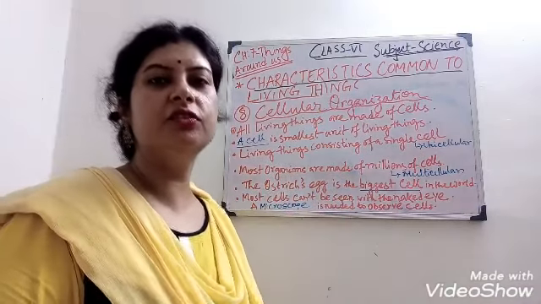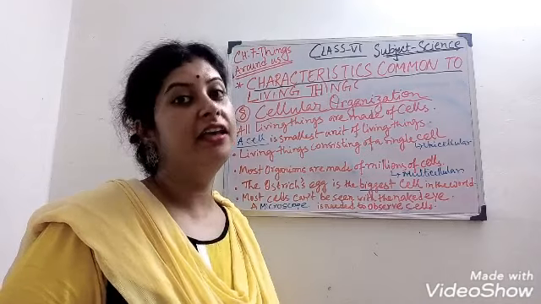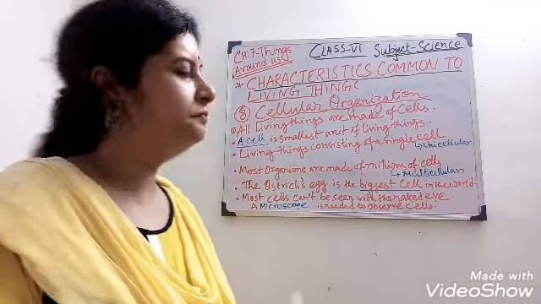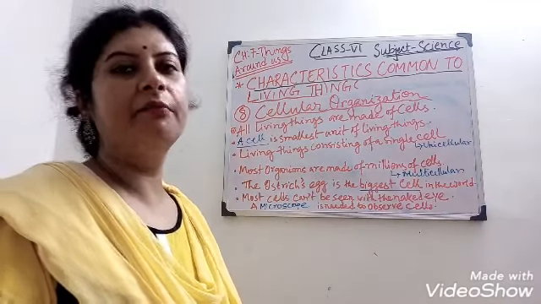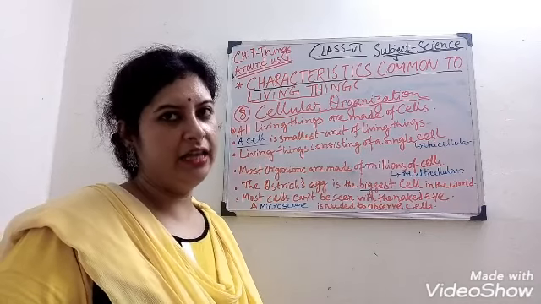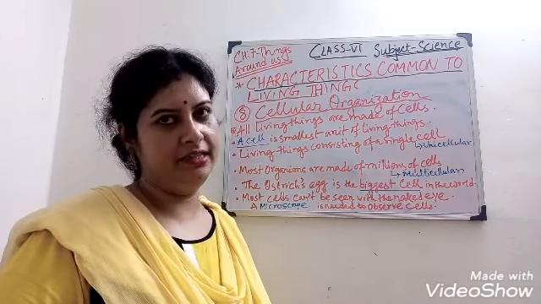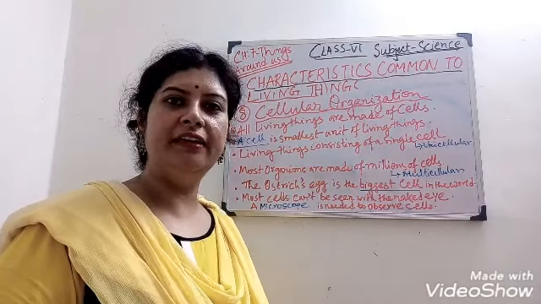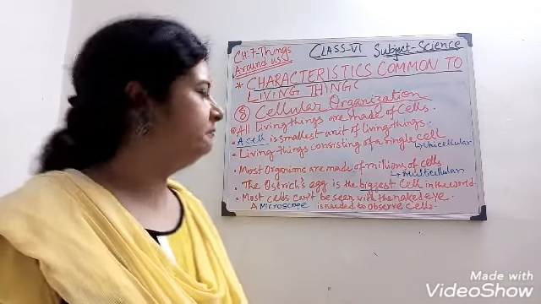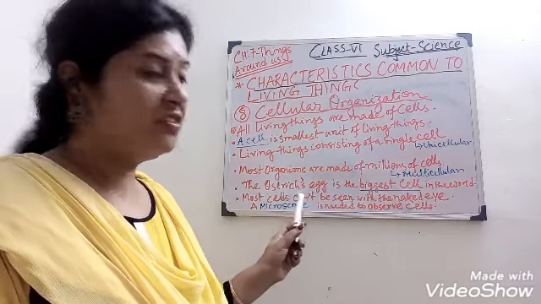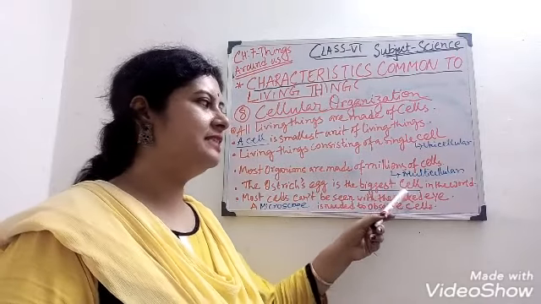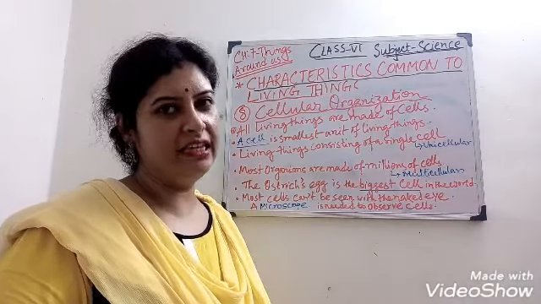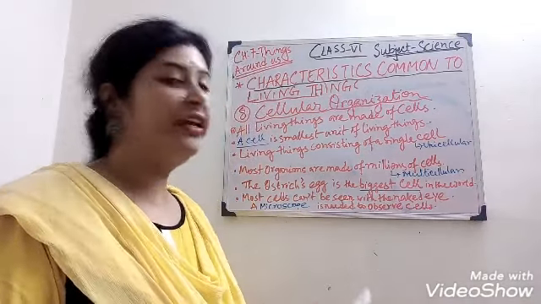Living things consisting of a single cell are known as unicellular, like amoeba, paramecium, etc. Most organisms are made up of many cells, so they are known as multicellular organisms, like man, cow, dog, mango tree, jamun tree, etc. The ostrich egg is the biggest cell in the world, and most cells cannot be seen with the naked eye, so we need an instrument.